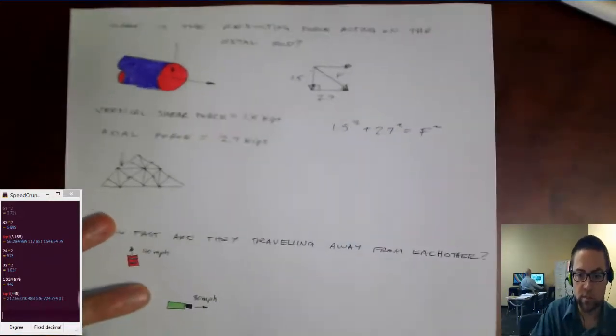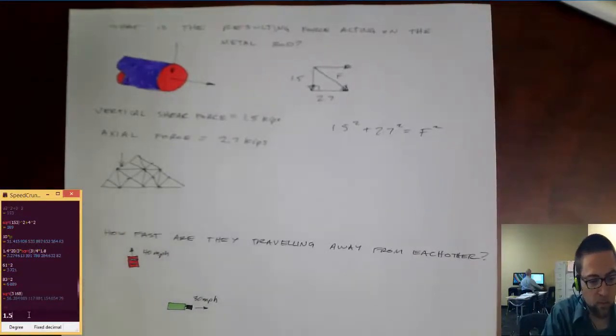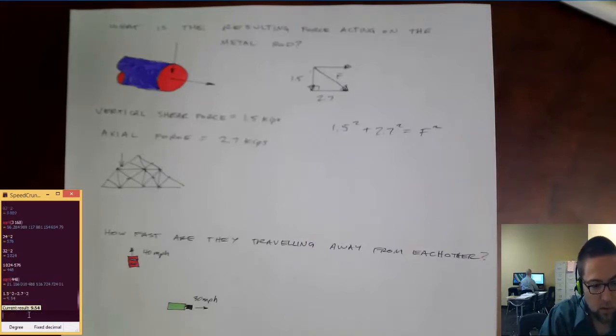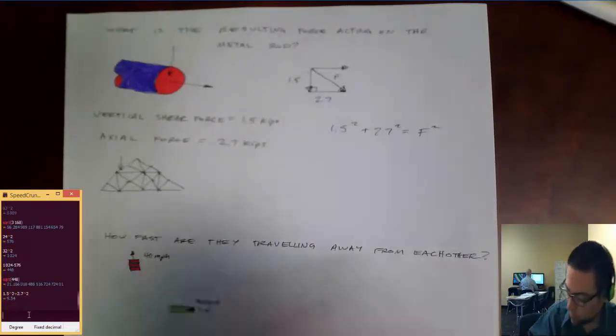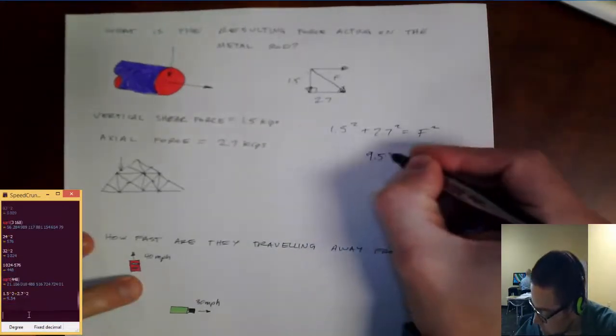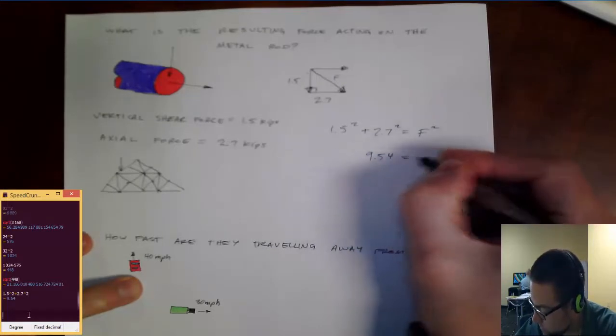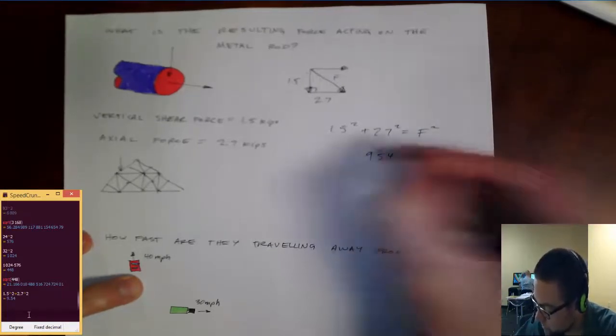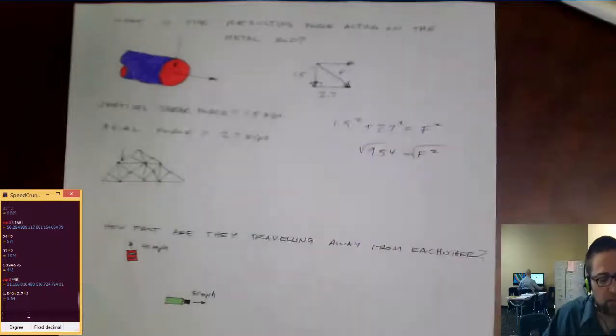Okay, so I just plug these into my calculator and say 1.5 squared plus 2.7 squared equals 9.54. So 9.54 equals F squared, so I square root both sides, and I find out what F is.